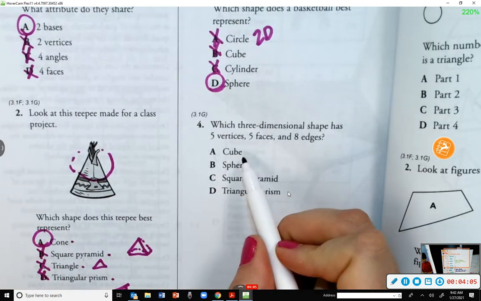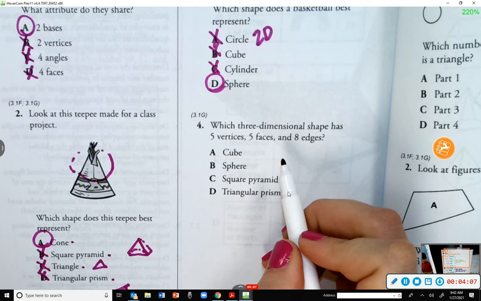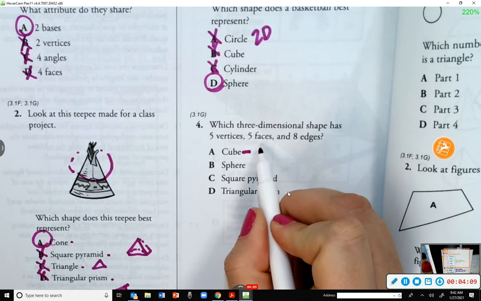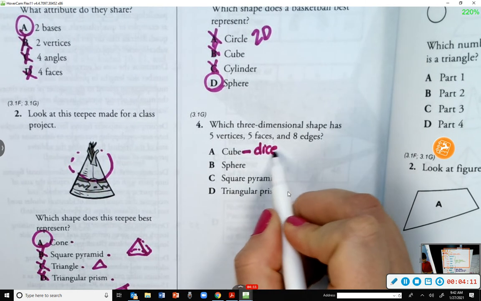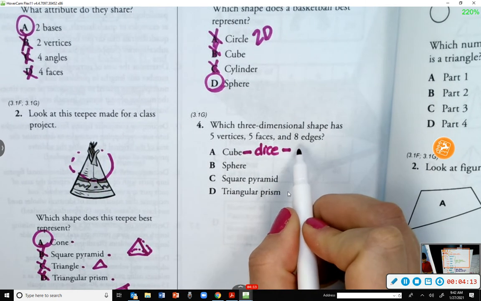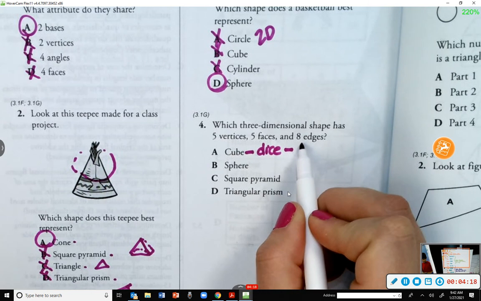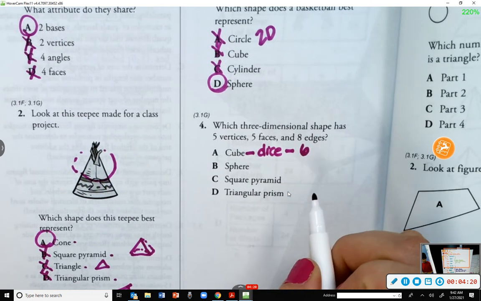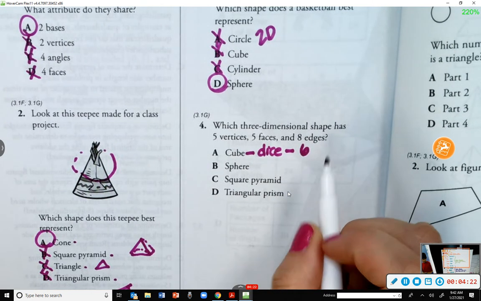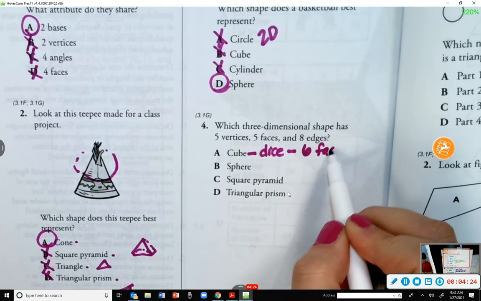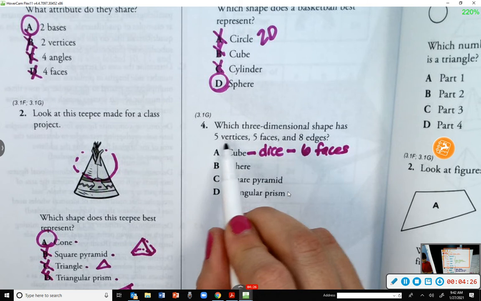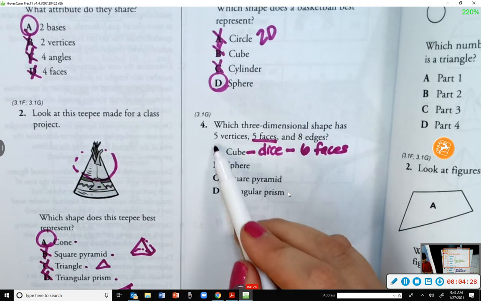Okay, well let's just start with a cube. We know a cube is like a dice. And a dice has how many numbers on it? 6, because the highest number on a dice, if you roll a dice, is going to be a 6. So that has 6 faces. So it cannot be a cube because we need 5 faces.